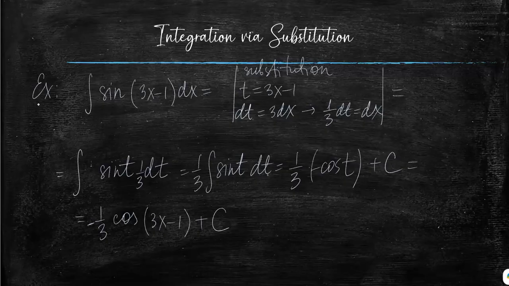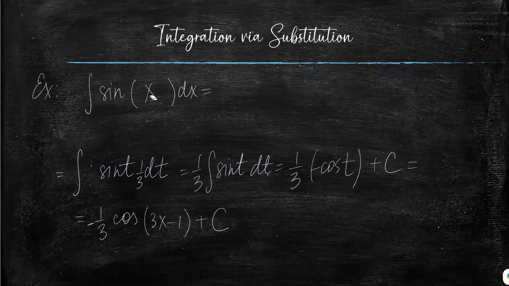So the idea is that if you compare what we just got with what we would have gotten if there was no 3x minus 1 here, so what if this was just sine of x? Then we wouldn't need to do any of this, right? We would have just written negative cosine of x plus c.